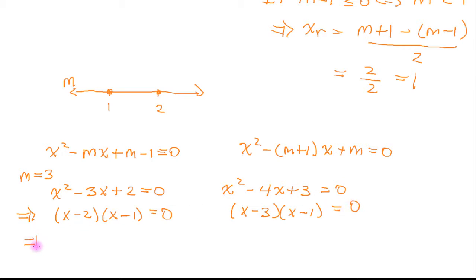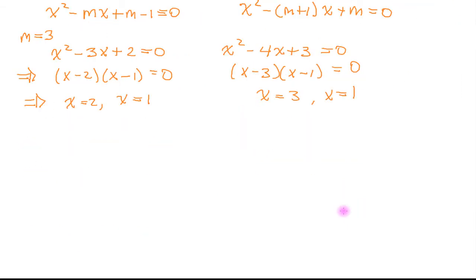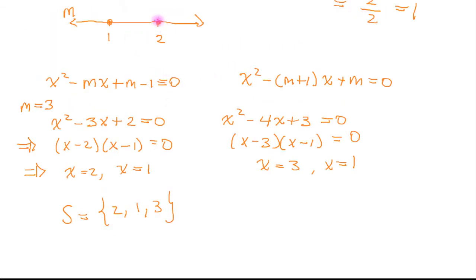Now notice that we have root 2 and root 3, but we also have root 1. So x equal to 2, x equal to 1. Here we have x equal to 3 and x equal to 1. And the union of these sets is what? Well, it's going to be 2, 1, and 3. And this has 3 elements. It doesn't have 2. So we can already discard values bigger than 2.